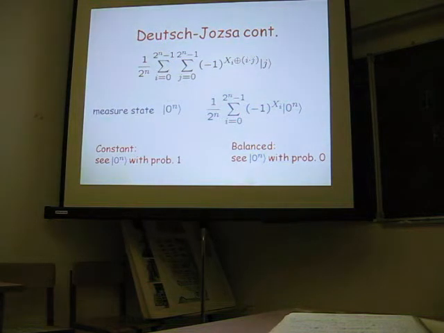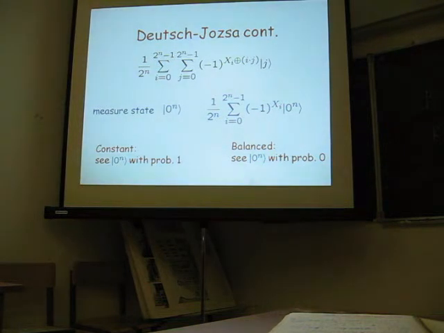So taking out this all zero state, I get 1 over 2 to the n, and then I have (-1) to the xi. Because j is all 0, the inner product i dot j is 0, so this part vanishes, and the only thing that remains is xi. So this sum is the amplitude that sits on the all 0 state.